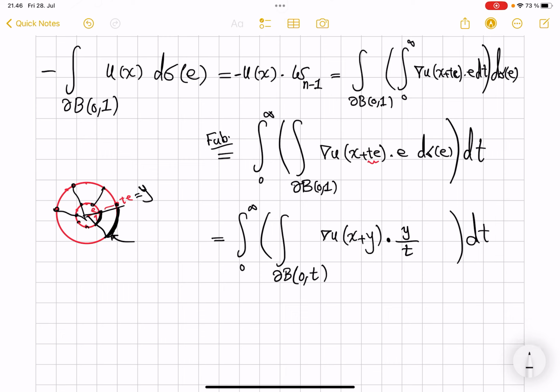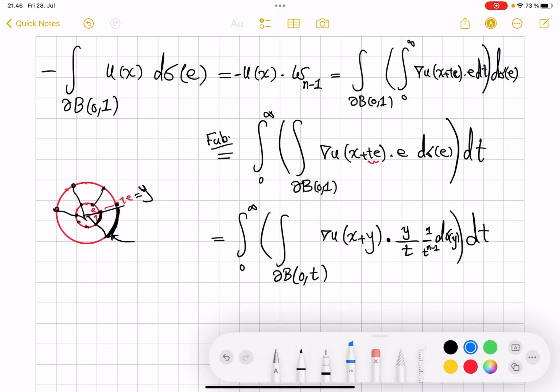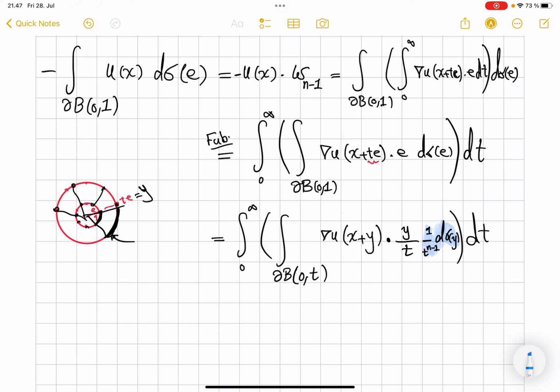If we do d sigma of this y value, we will get the surface volume of the ball of radius t, which could be much larger, and we have to compensate for that, so we divide by this much. In other words, this and this together is a scale invariant integration on a sphere.